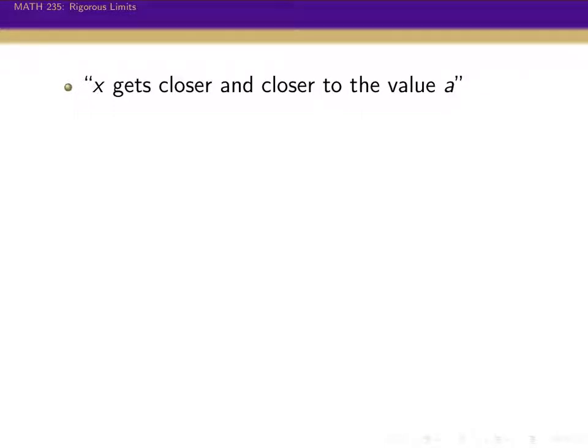Well, mathematically, how do you measure how close two numbers are to each other? If we're thinking about closeness between two numbers, that means their difference is small. And really, we don't care whether it's positive or negative, so we're going to look at the absolute value.